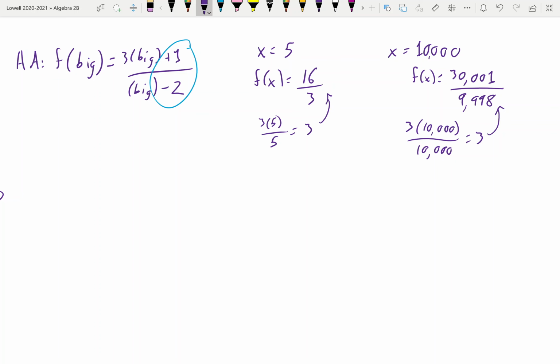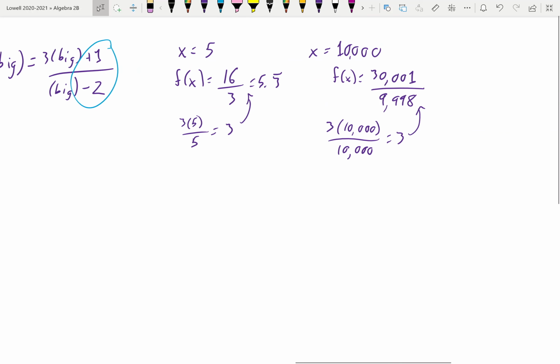Okay. But we want to see the effect that the plus 1 and minus 2 actually had. So if you actually incorporate that plus 1 in the numerator and that minus 2 in the denominator, that 3, when you plug in x equals 5, turns into 16 over 3, which is, by the way, 5.3 repeating, 5 1/3. But when I get x to be really, really big, the effect is actually not very significant. Let me pull out my calculator to see what this actually is.